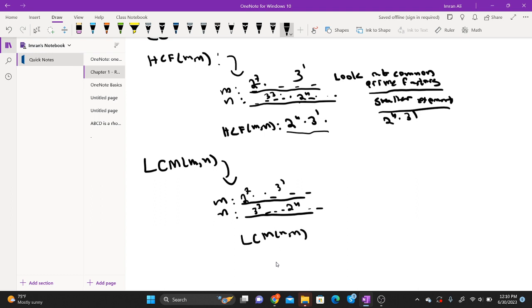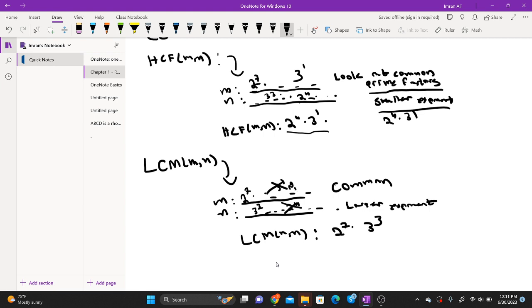And we take the entire thing, so the larger one here is 2 to the 7, and the 2 to the 4 we don't care about anymore. Then 3 cubed, we put the 3 cubed here, and we don't care about the other one anymore. And whatever prime factors are different, we have to multiply them.